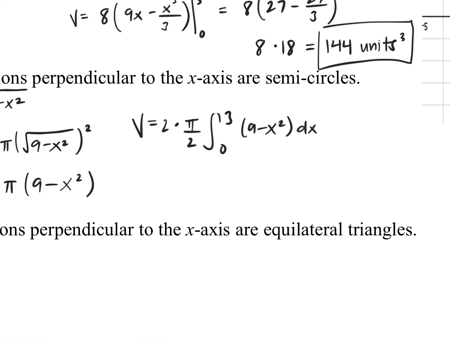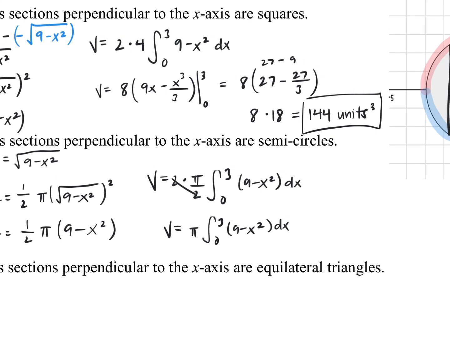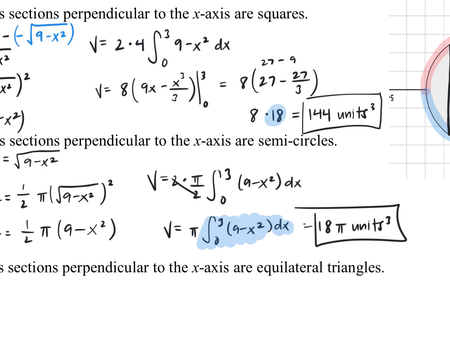Whoa. And then those are going to cancel. So our volume is pi times our integral from 0 to 3 of 9 minus x squared dx. And if you look previously, that integral of 9 minus x squared, 0 to 3, actually we didn't evaluate that one just individually, did we? But it should be 18, right? Yeah. It's this piece. So this is 18. So my answer is just what? 18 pi units cubed, right? Very good.